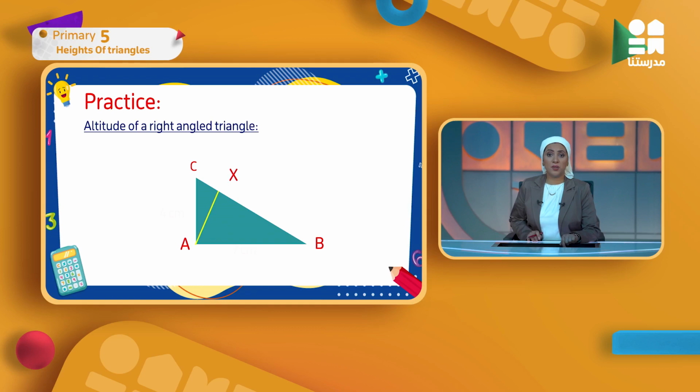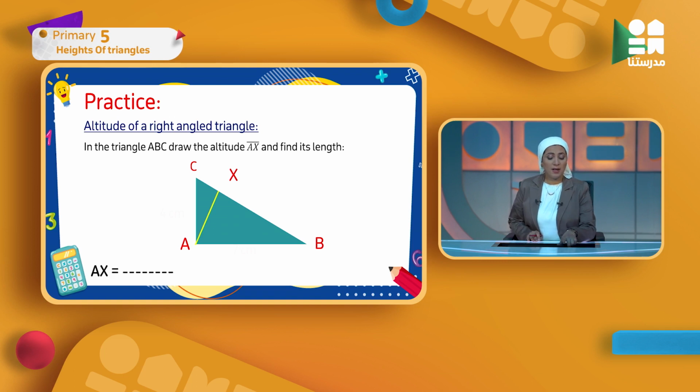And as for the other two altitudes, they are already there, the AC altitude and the AB altitude. Now let's first measure this one. When I use my ruler, I will find that the AX length is 3.5 centimeters. Now let's move to the other example.